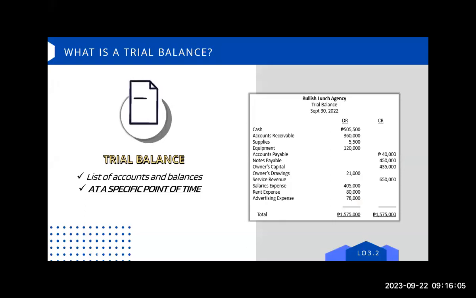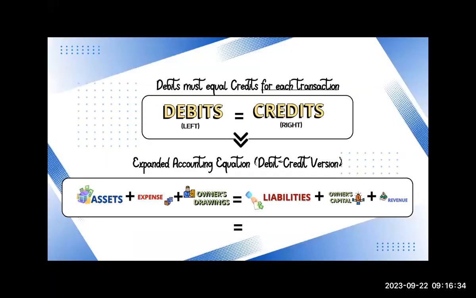And then when you add each of them, so 505,500 plus 360,000 all the way until 178,000, it should total 1.575 million. And then your credits of 40,000 plus 450,000 plus 435,000 plus 650,000 is equal to 1.575 million, right? So again, paulit-ulit lang, but your debits should always equal your credits.